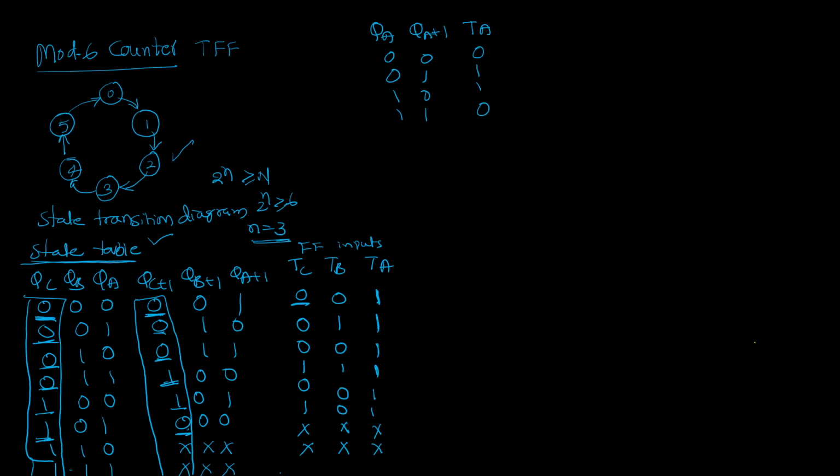Now what I do is, I take a K-map. From the K-map, I try to get the expressions. What are the variables I have? I have QA, QB, QC. 0, 1, 4, 5, 7, 6. 0, 1, 3, 2. 0, 0, 0, 1, 1, 1, 1, 0.